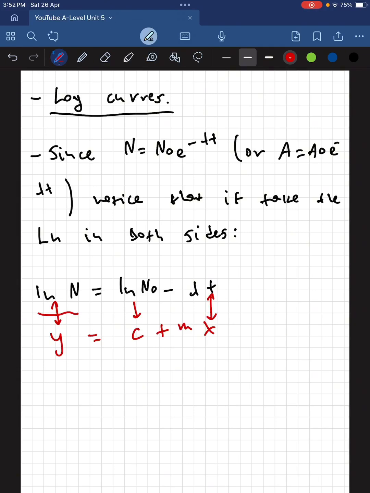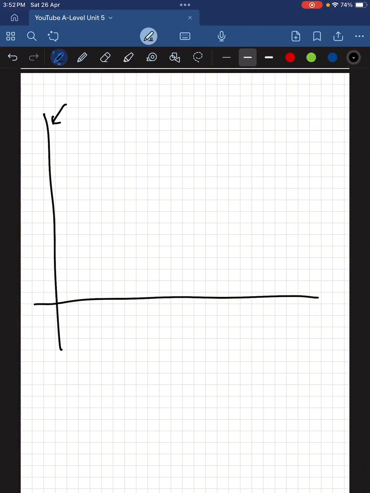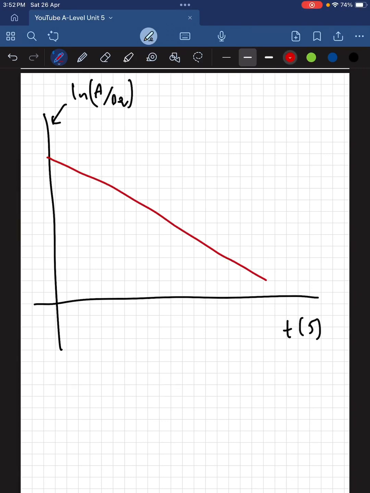If we plot ln of A, for example in units of becquerels, against time, we get a straight line.